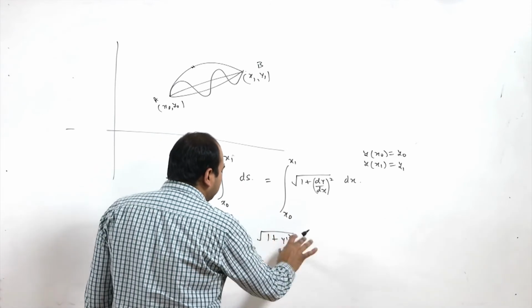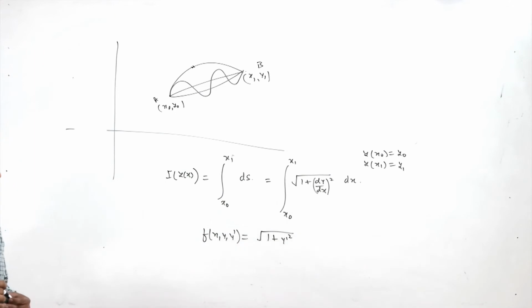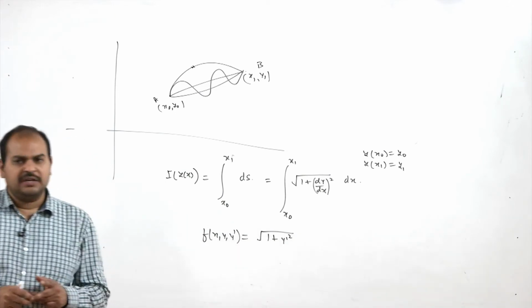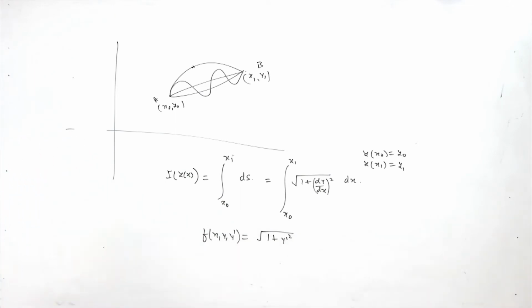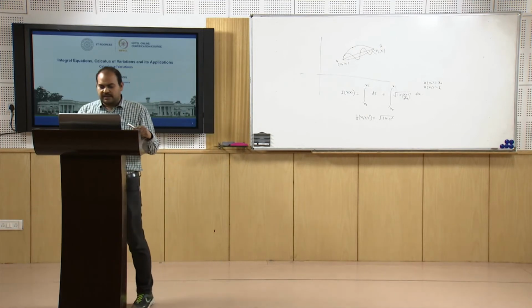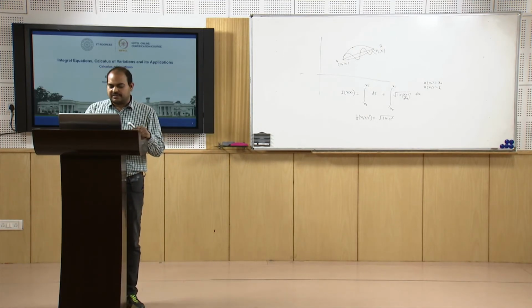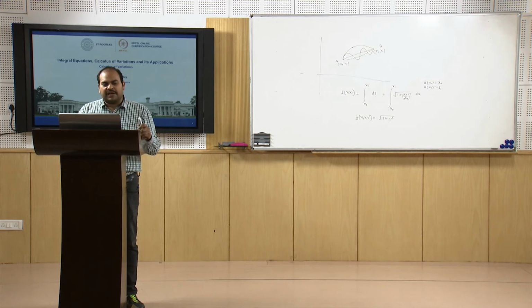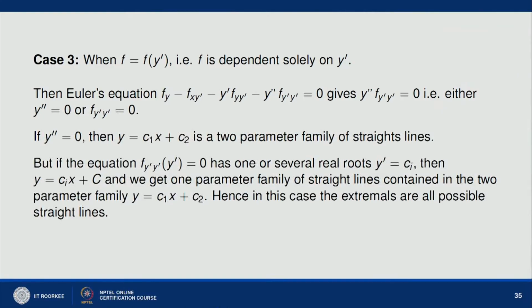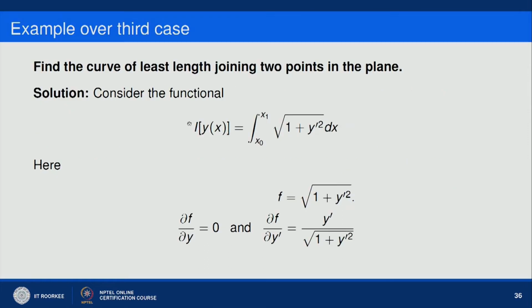This depends only on y dash, with no x or y term present. So this is case 3, where f is independent of x and y and depends only on y dash. Here is the functional we just defined, I of y of x equal to the integral from x0 to x1 of root of 1 plus y dash square dx, and we want to find the curve which extremizes this functional.